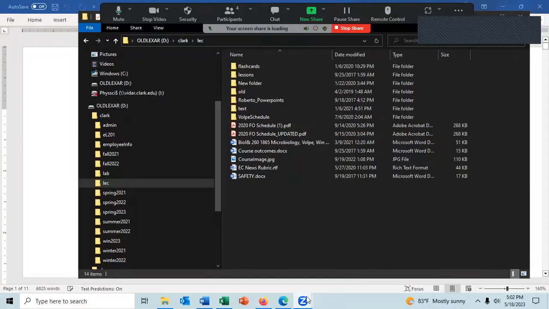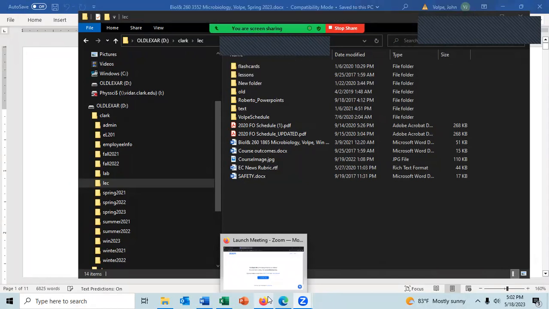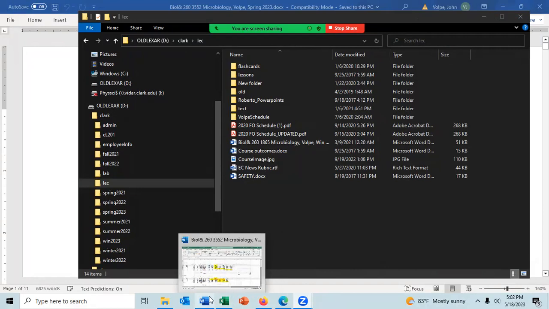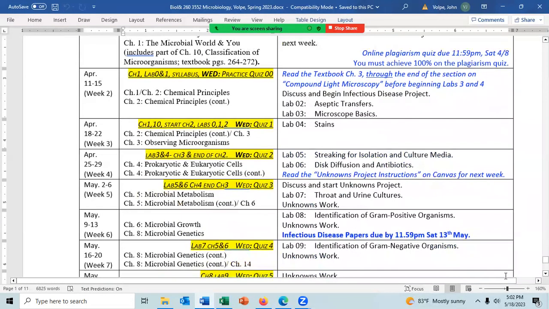Let me turn my volume up. Let me share my screen. All right, you should be able to see my screen now. Well, that's kind of big.